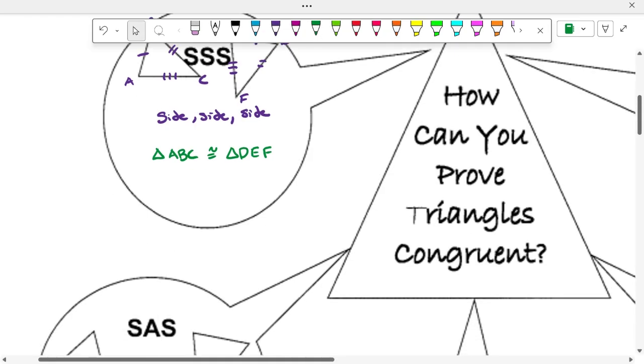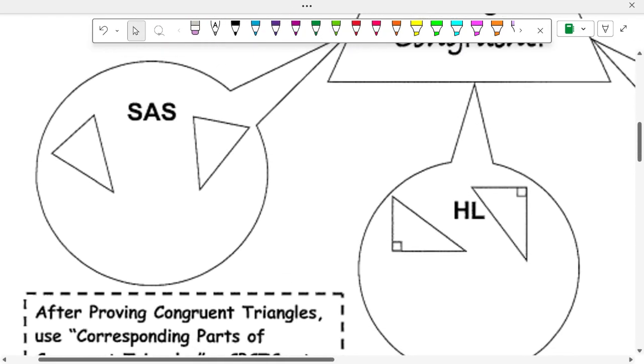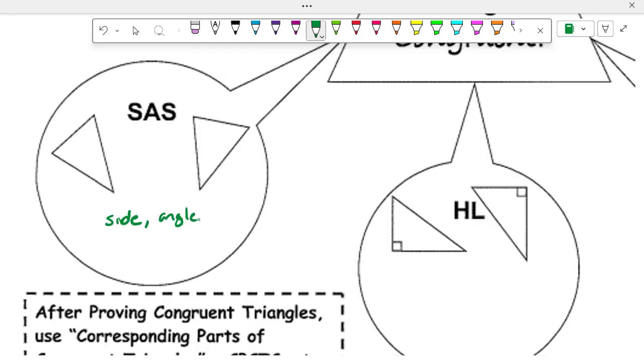All right. What about SAS? What does that mean? Side, angle, side. So again, if I had triangle ABC and then DEF, side, angle, side would be when we have two sets of corresponding sides that are congruent, and then the angle in between those two sides is congruent.